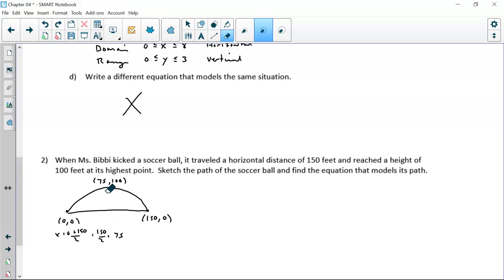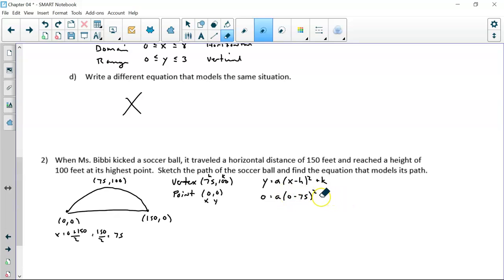To write this equation, we need our vertex at (75, 100), and we need a point. It doesn't matter if you pick (0, 0) or (150, 0). I'm going to use (0, 0) because the numbers are smaller. We need to solve for a. y equals a times (x minus h) squared plus k. y is 0, so 0 equals a times (0 minus 75) squared plus 100.